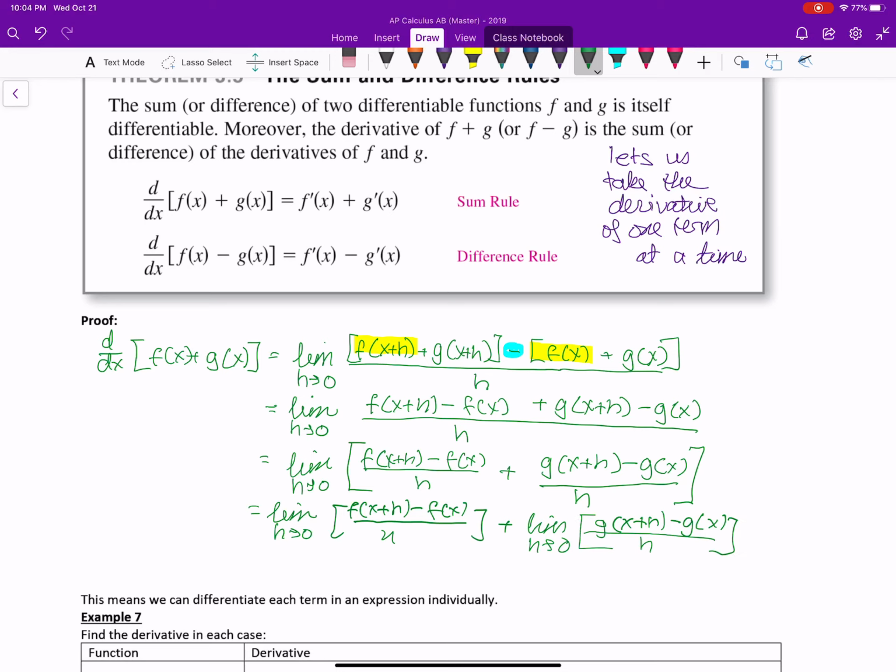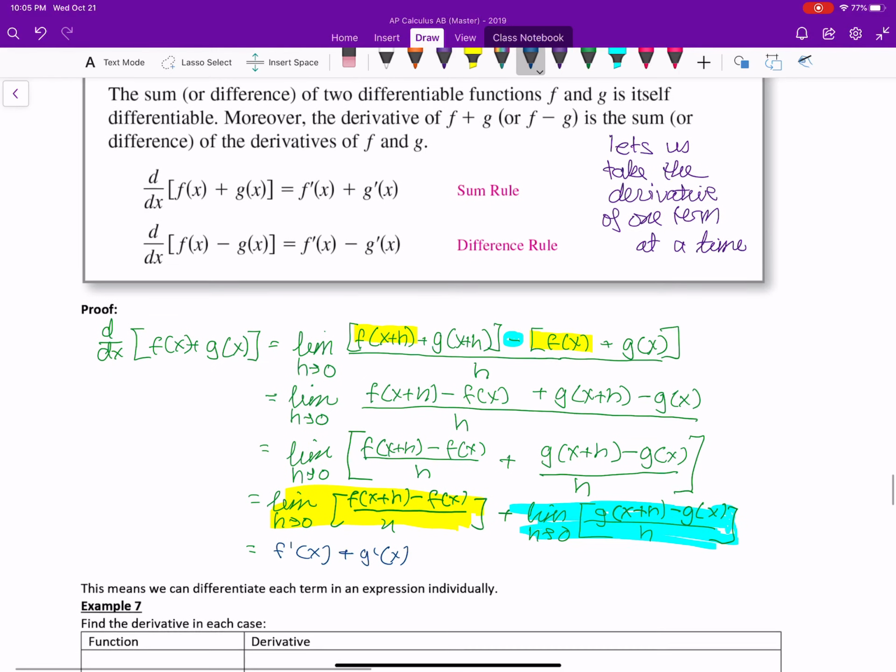Each of those are the definitions for each of their derivatives. So that gives me the one on the left, the one I'm highlighting in yellow, is defined as f prime of x. Then we have plus, and then the one I'm highlighting in blue right now, that one is defined as g prime of x. So g prime of x. And there you have it.